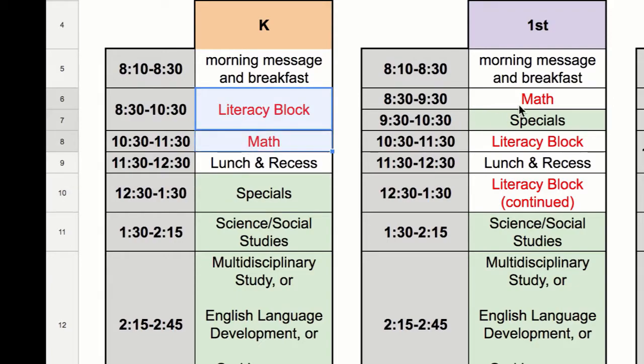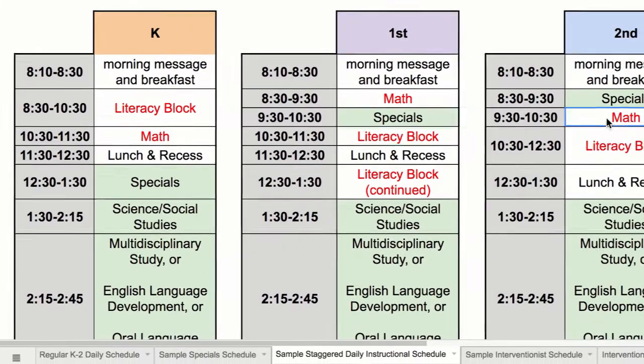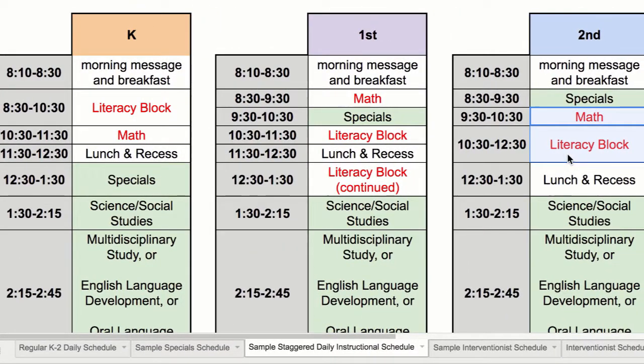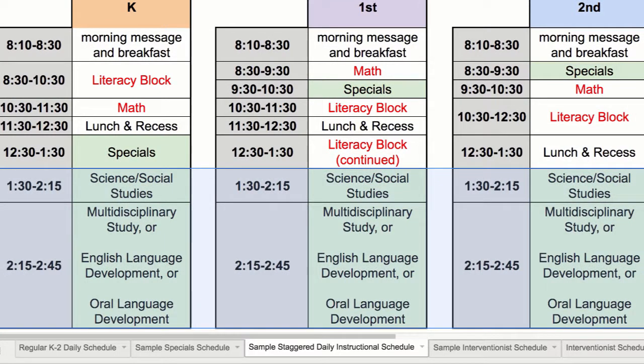The red blocks are the core subject matters during which students in that particular grade level cannot be pulled for burst. The green cells demonstrate times during which students can be pulled for burst. So here you see that kinder, first, and second graders can be pulled for burst from 1:30 to 2:45, in addition to their specials block.